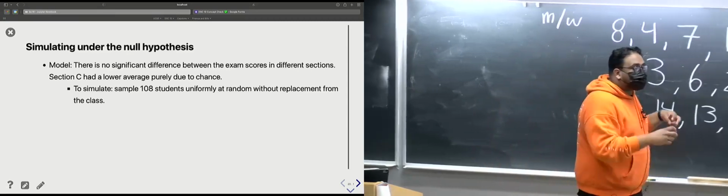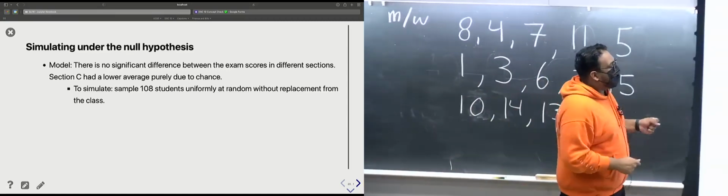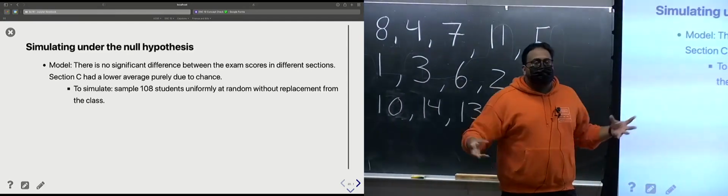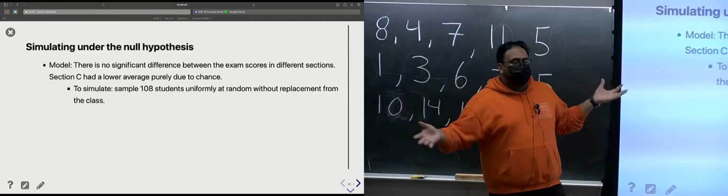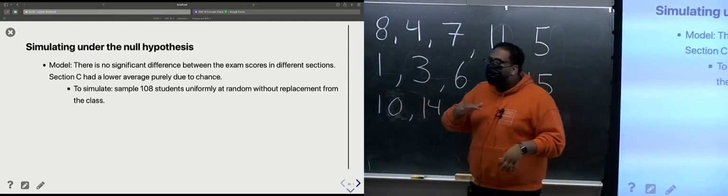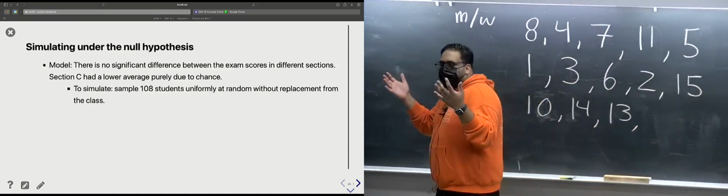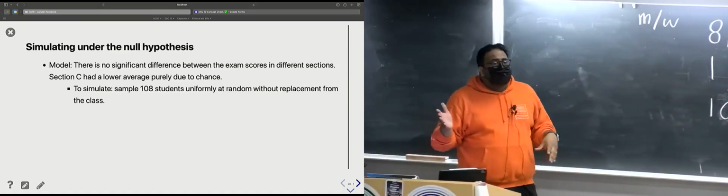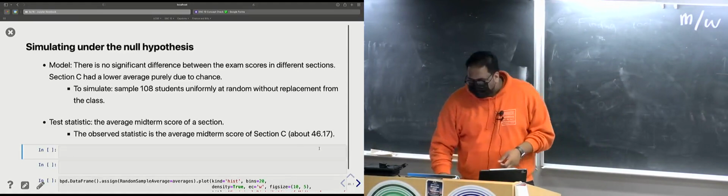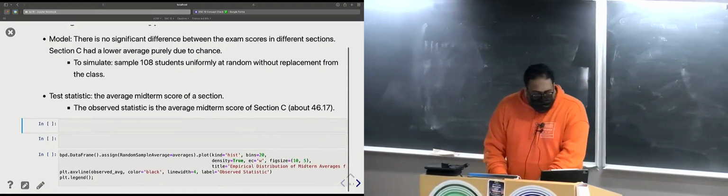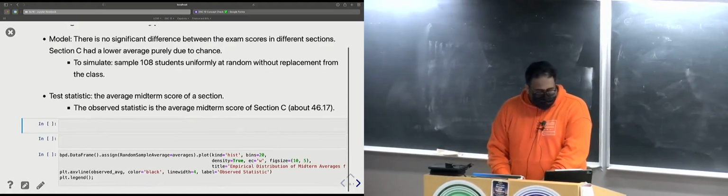Which is the distribution of average midterm section scores under the assumption that our section was drawn at random from everyone in the course. And then we can see where our section's observed average of 46.17 lies in that distribution. So let's see how we would actually do that simulation.